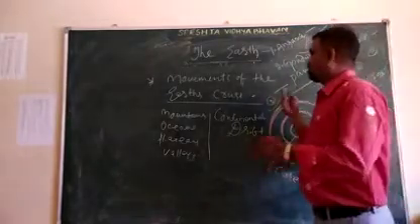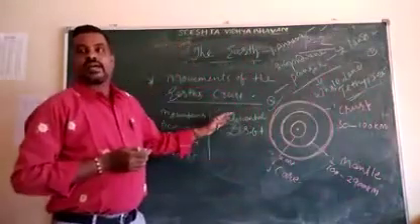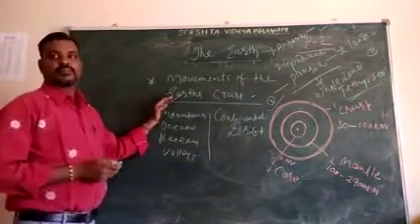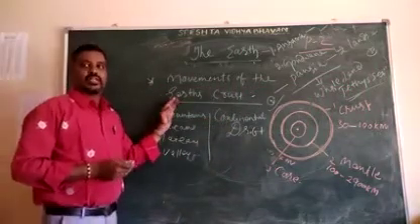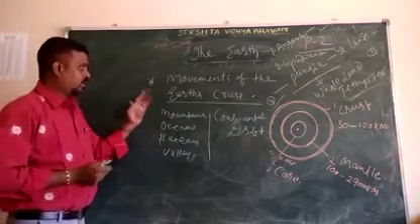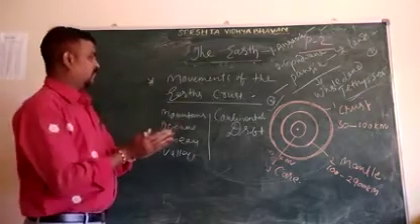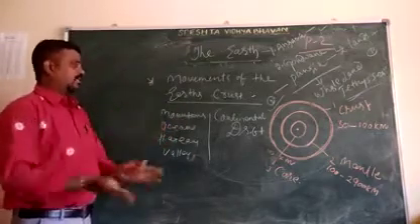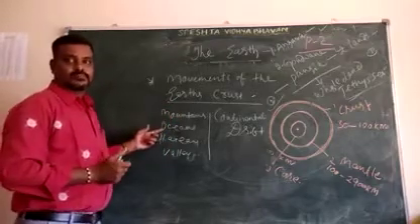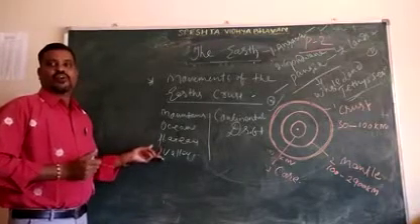Next, once again I am reading. Movements of the Earth's crust. When Earth plates are rotated, they collide, meaning they are dashed and crashed, and the mountains, oceans, plateaus, and valleys are formed.